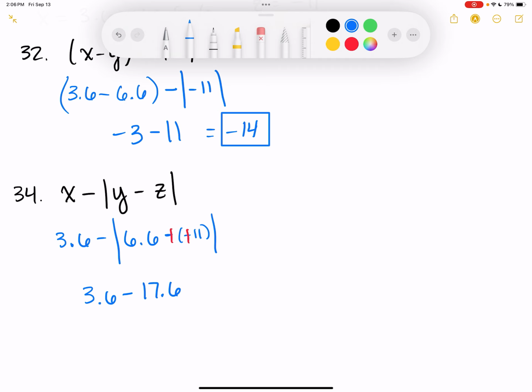Do the bigger number, 17.6, minus the smaller number: 14. The bigger number is negative, so the answer is going to be negative 14.